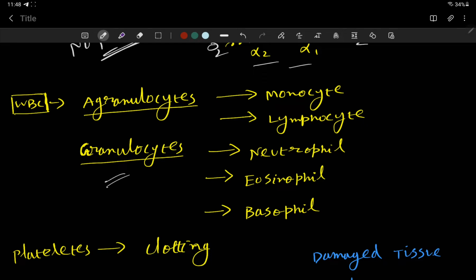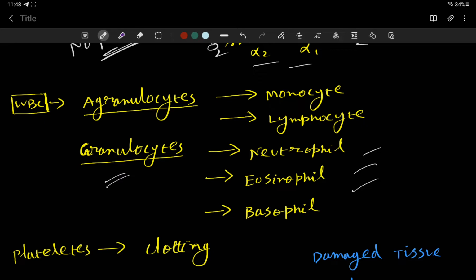The granulocyte group can be divided into 3 subgroups. One is neutrophils, the other is eosinophils, and the next one is basophils. Neutrophils help in forming phagocytic cells, which help in the immune system or immunity.